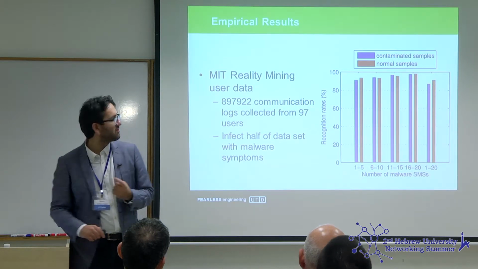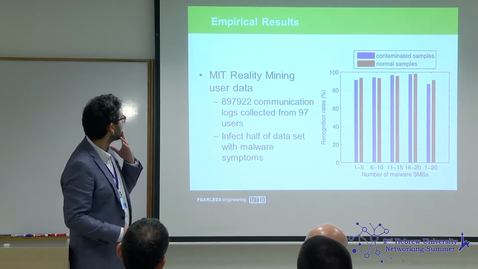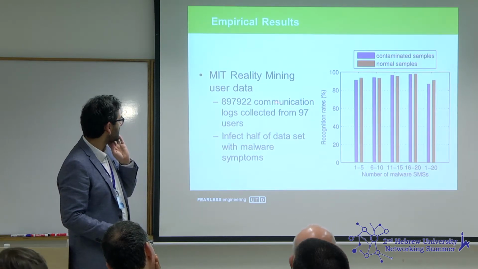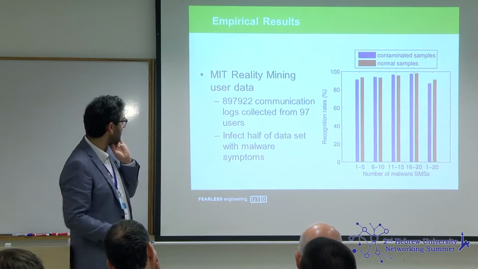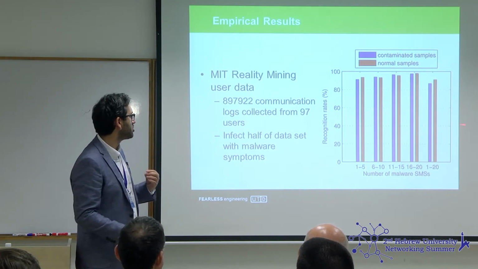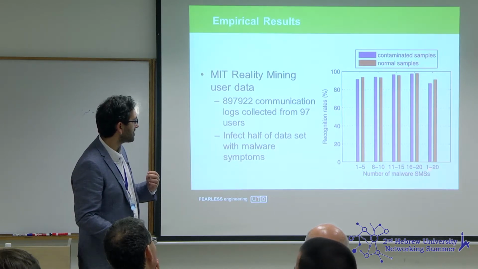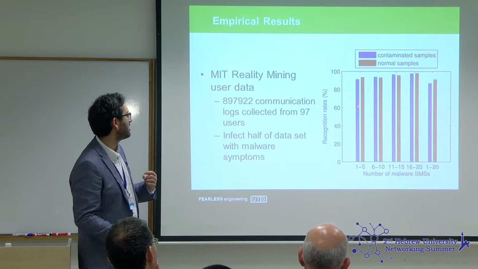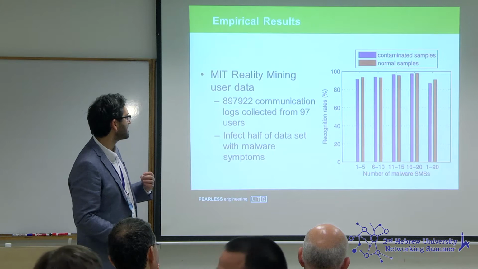What they've looked into is the MIT Reality Mining data set, a mobile data set with logs from a number of different users. They infect half of the data set with malware symptoms, so they simulate the attacks. And then they show that they could detect them. This is the number of, I think, malware SMSs in it, and then their recognition rate after a number of SMSs in a distributed setting.